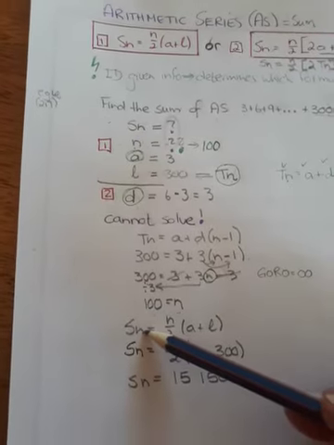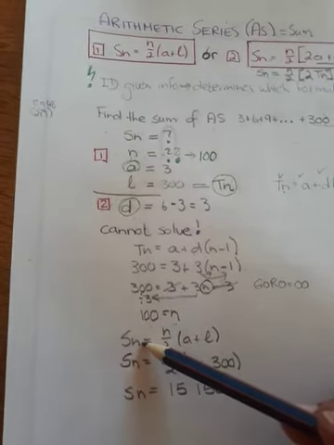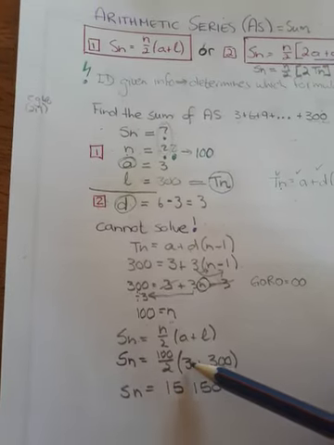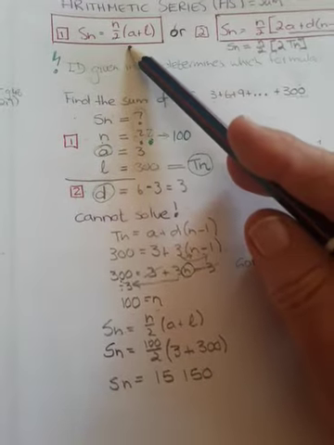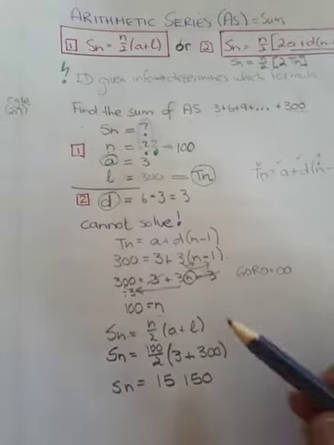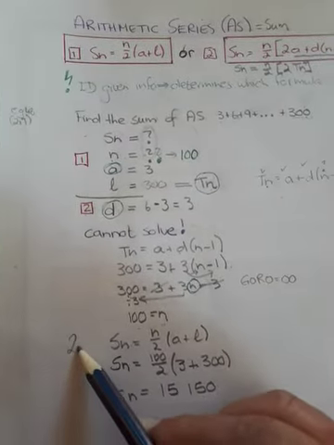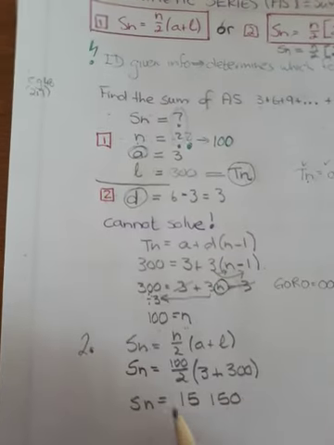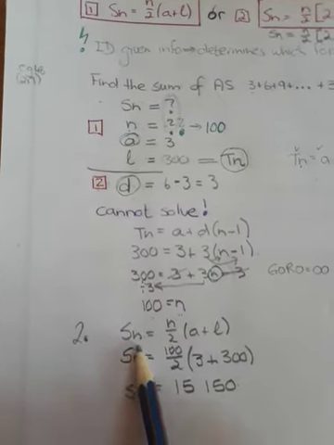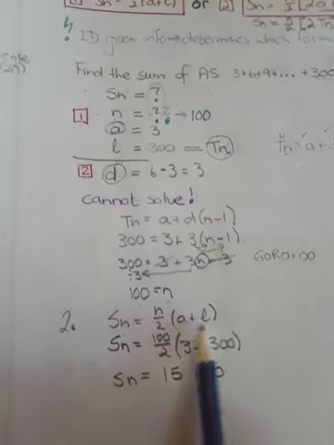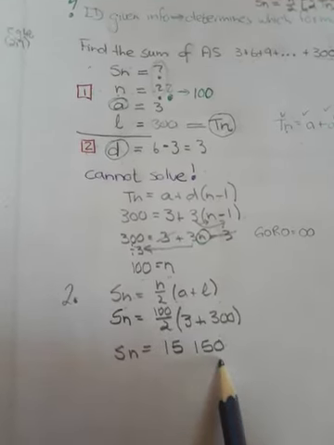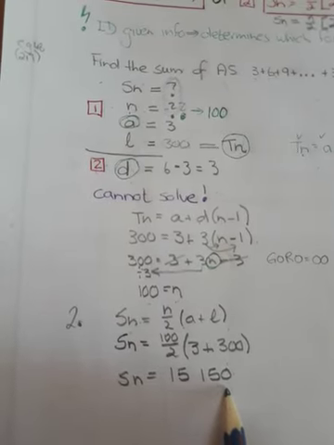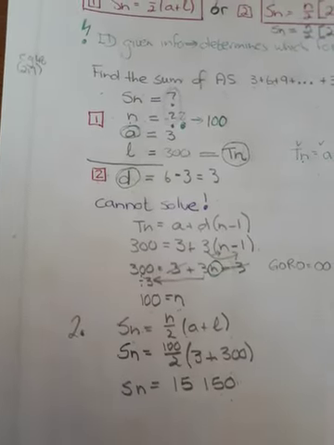So as a second step, I use the sum formula, n over 2 times a plus L. Substitute your values, calculate the right-hand side, and you will get 15,150.